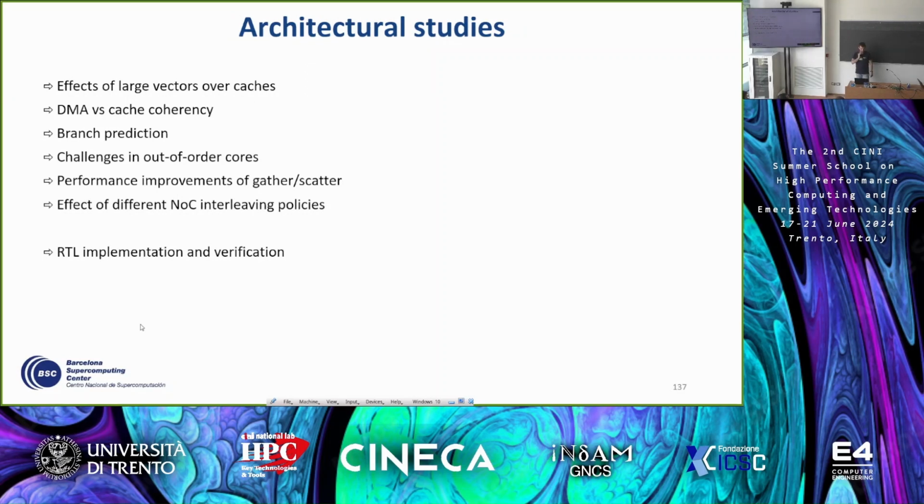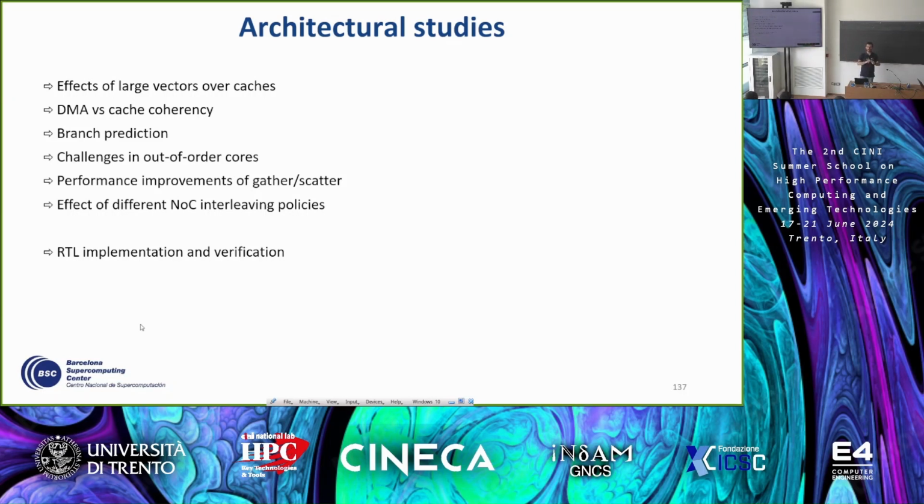Architectural study, effect of large vectors over caches, for example. This was mentioned this morning, right? So which is the effect if I have such a large vector? Probably I can implement something to bypass the cache in order not to contaminate the cache.